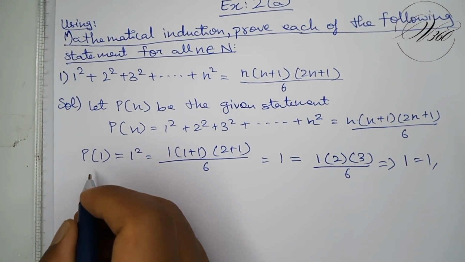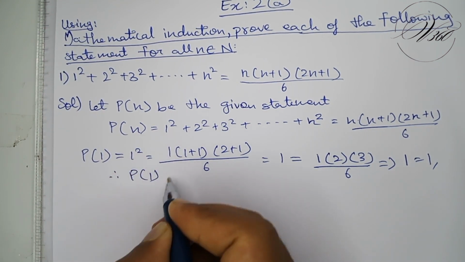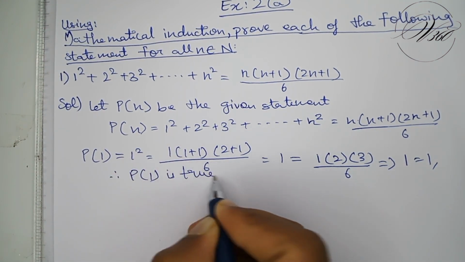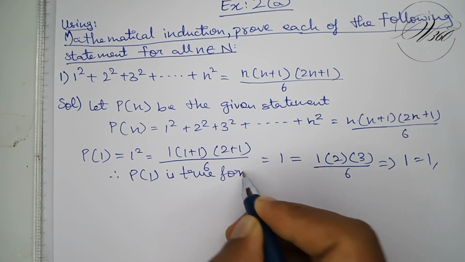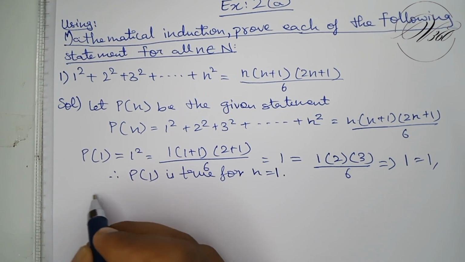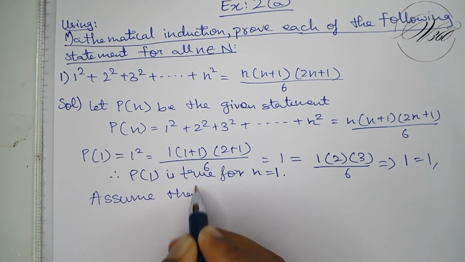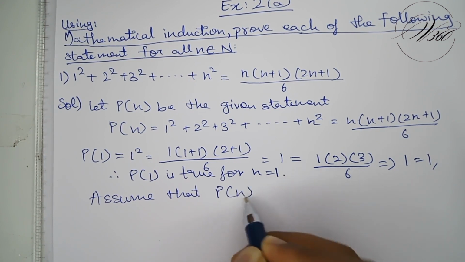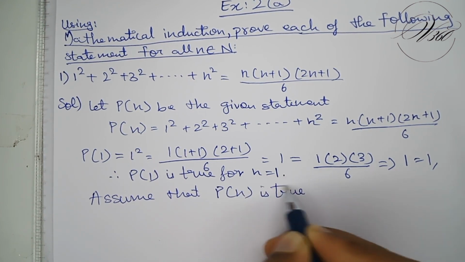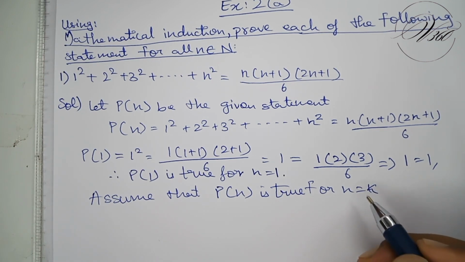Okay, now we will write, therefore P of 1 is true for n is equal to 1. Now we will assume that P of n is true for n is equal to k.